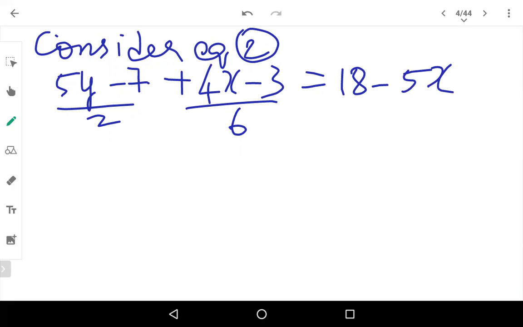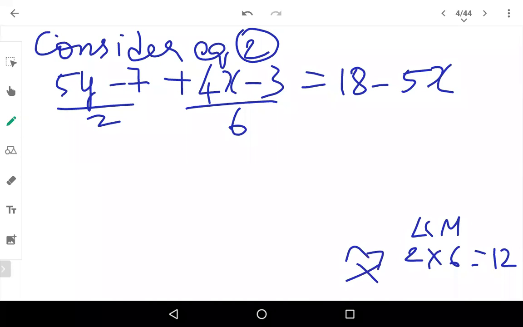This is your second equation. Now here there are two ways you can take LCM. The first way is to multiply 2 into 6, you will get 12. This is one way of taking LCM, and then you do the cross multiplication, it is done.